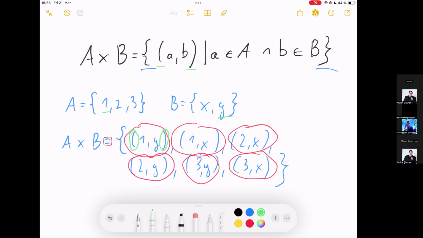Maybe thumbs up or green sticker or red reaction if this is not clear, or if you want to discuss it again with us, because it's very important that you get this. We got a red sticker, and for this person who has a question, maybe you can tell us where the problem is and how we can support you.